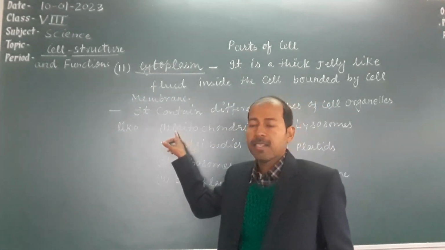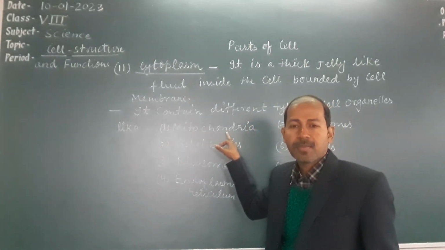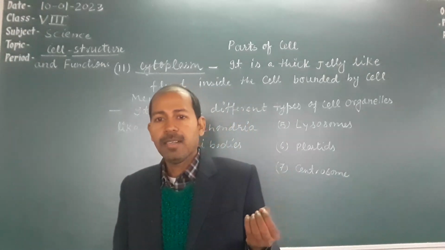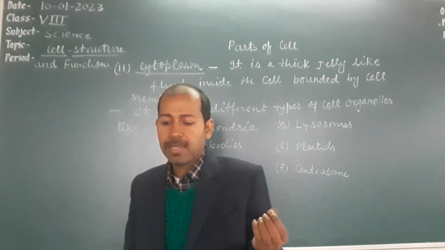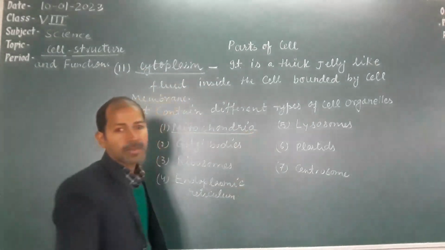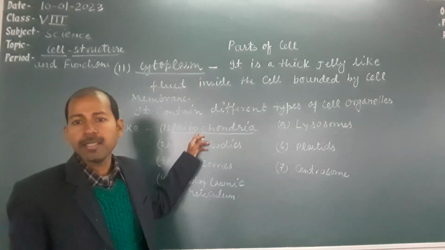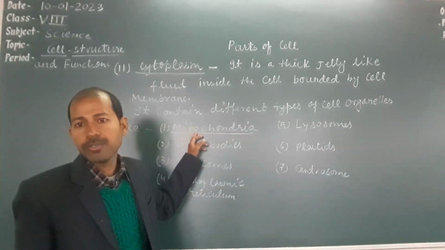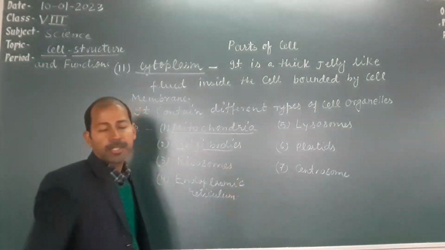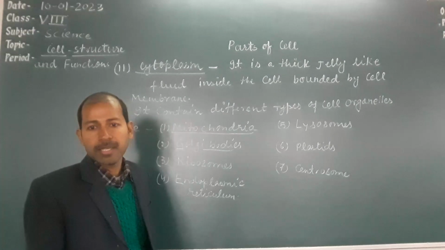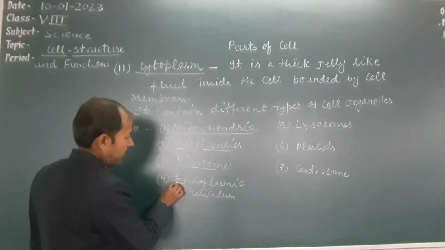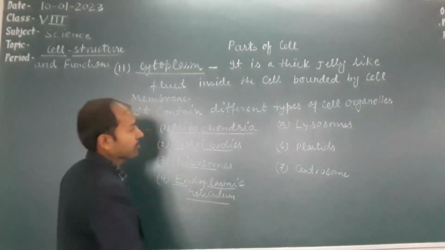The first cell organelle is mitochondria. It is found in both plant cell and animal cell, and it is called the powerhouse of the cell. Second cell organelle is Golgi bodies or Golgi apparatus. Third is ribosome. Fourth is endoplasmic reticulum.